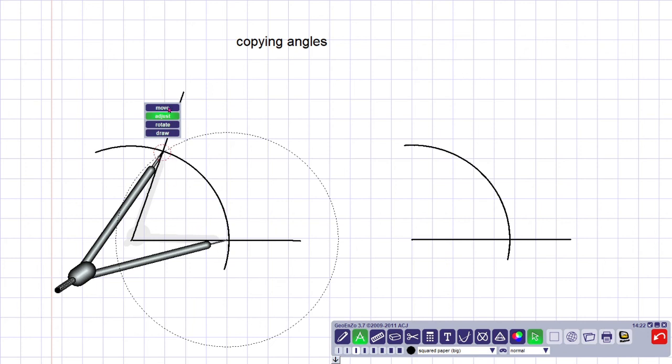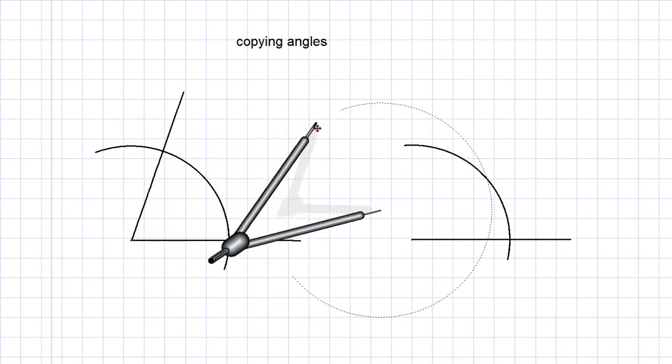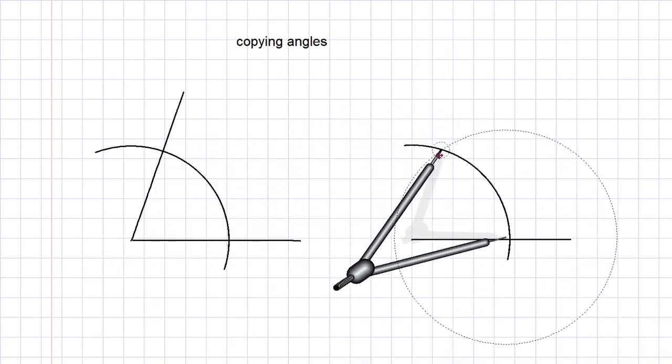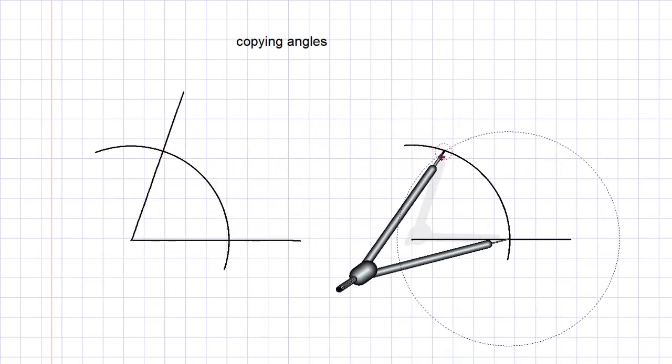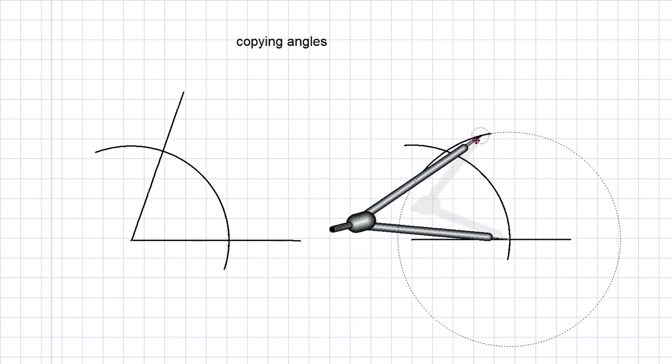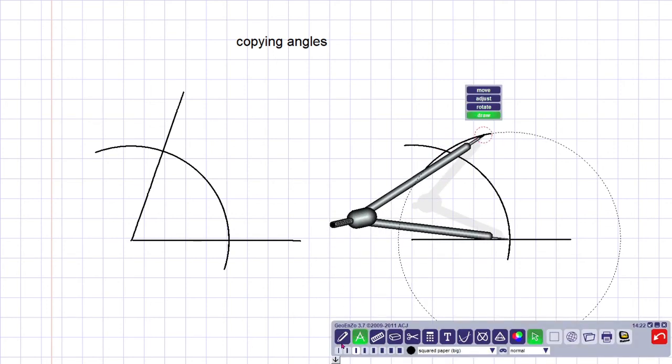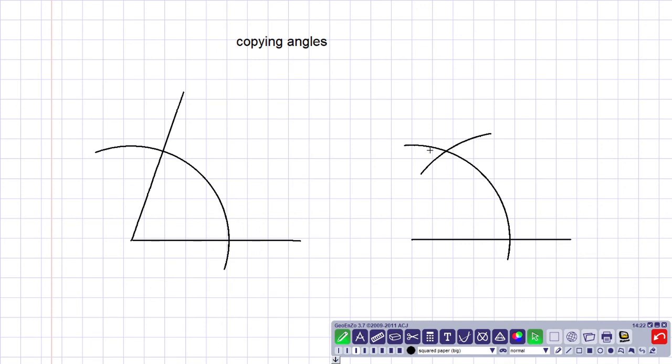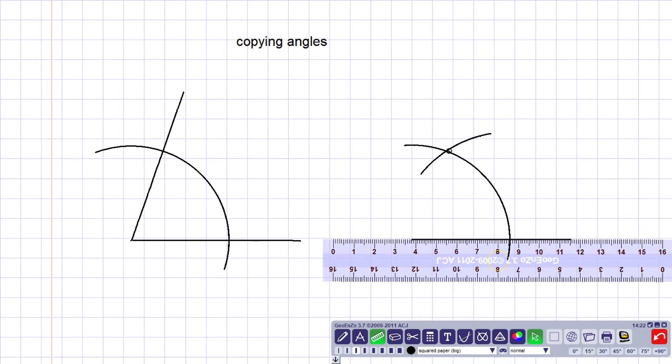Now without changing that arc length, you have to mark that arc length on the other angle. Mark that arc length. Now this angle is in the same magnitude as the previous angle. So we have to join this crossing point and this point.